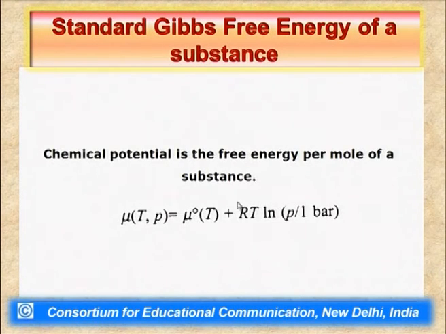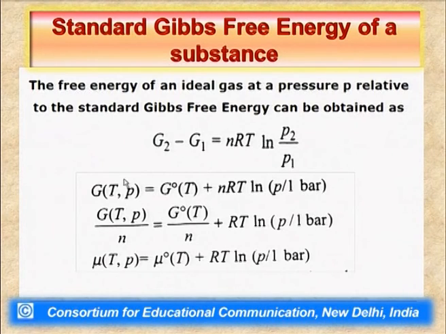Therefore, it is important to note that the Gibbs free energy of any system at temperature T and pressure P is related to its standard Gibbs free energy by the factor nRT ln P by 1 bar. From this equation you can easily see that as the pressure increases, the Gibbs free energy of any substance increases. It means Gibbs free energy is a measure of the pressure of the system.